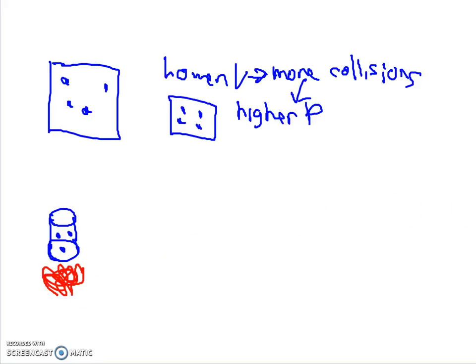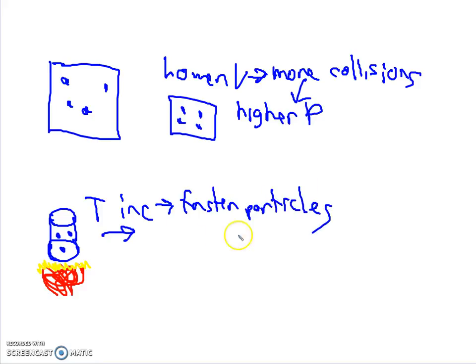Okay, maybe with a slight touch of yellow here. And so we heat this up, so the temperature increases, which means faster particles, right? Here, we'll put little arrows on them so you have an idea of how fast they're moving.